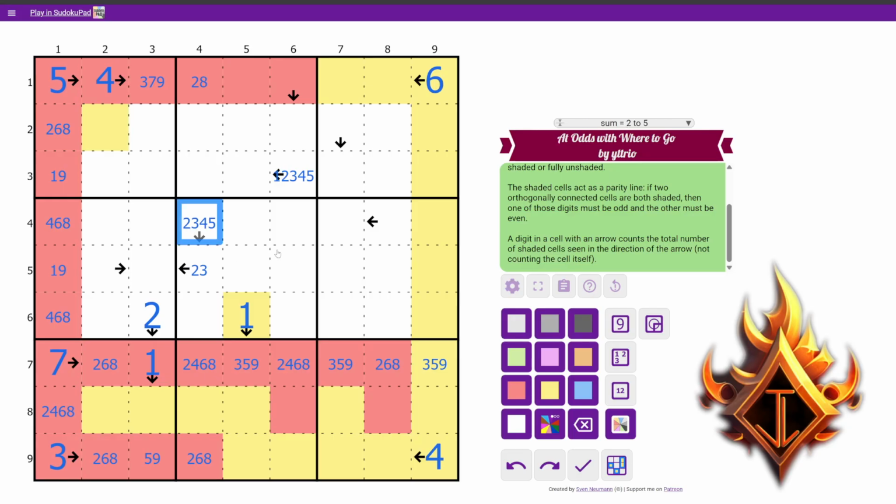This one can no longer be 5. It could still be 4. It could still be 2.